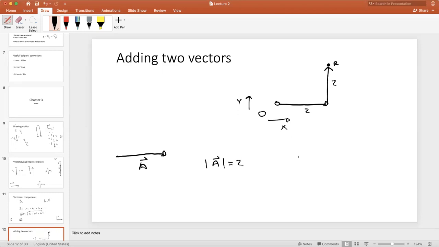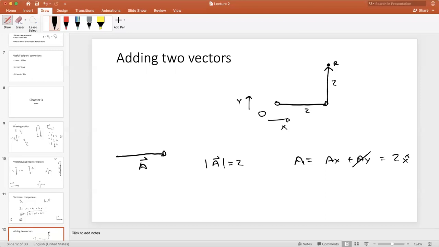But the components of A, you can see, only has a component in the x direction. So it has an AX plus an AY, but AY is 0. It has no part of it that goes in the y direction. So that's 2 x hat. The little x hat tells you that it's 2 in the x direction. Unit vectors, if you multiply 2 unit vectors together, x times x is 1, x times y is 0, x times z is 0.